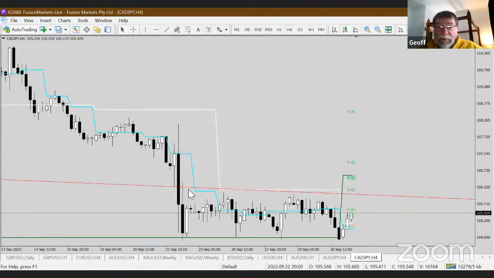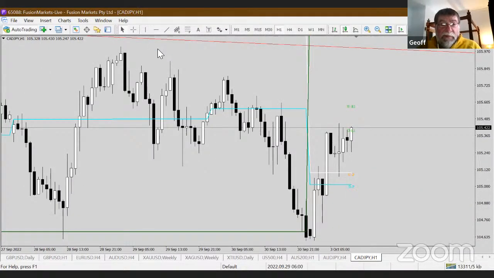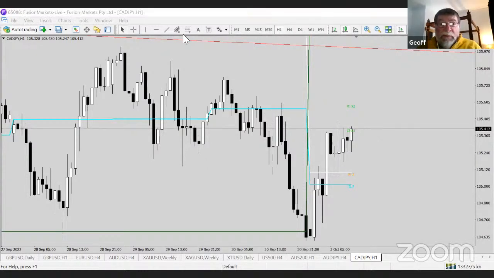So just to recap why I liked this, it was because it's in such a tight range. And if you go down to your smaller time frames, as I just did, and I'll get rid of a few of these chat boxes again so I can see. This is what I live for.